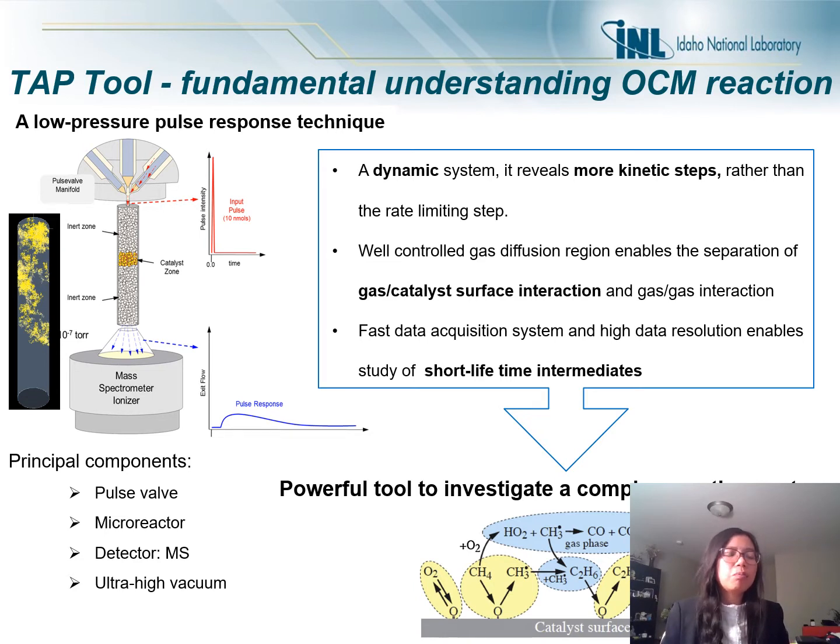Depending on the number of molecules introduced into the system, gas interaction with the catalyst surface or gas-gas interaction can be studied separately. TAP is a transient kinetic reactor equipped with a fast data acquisition system and high data resolution, which enable the study of short-lifetime intermediates. Therefore, TAP is a powerful tool to investigate complex reaction systems like OCM.